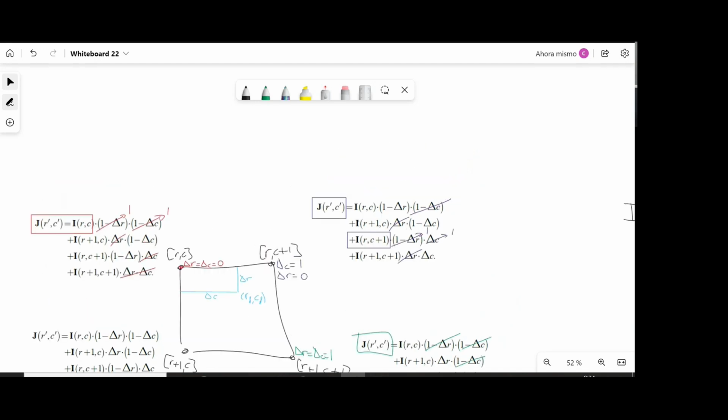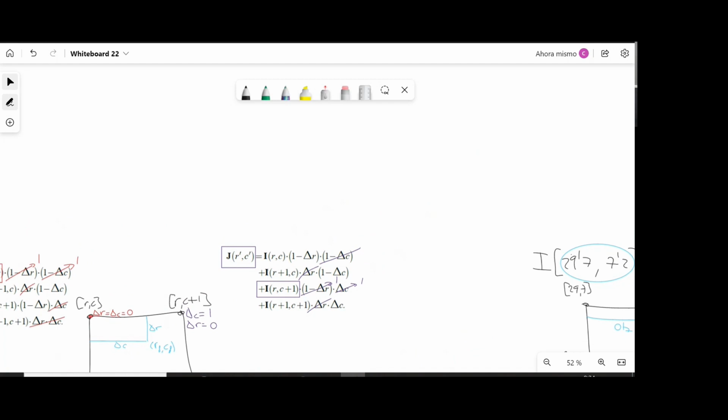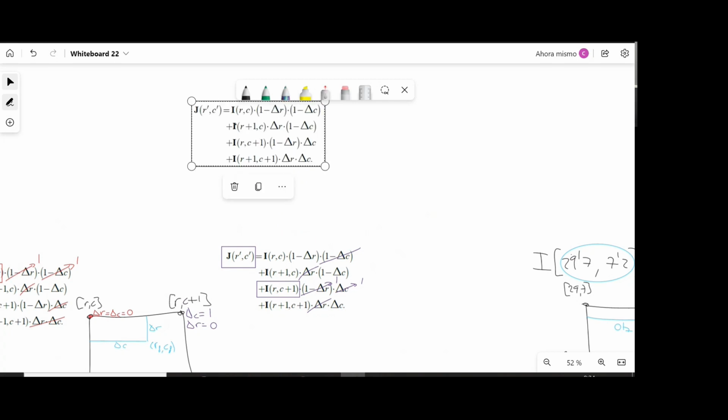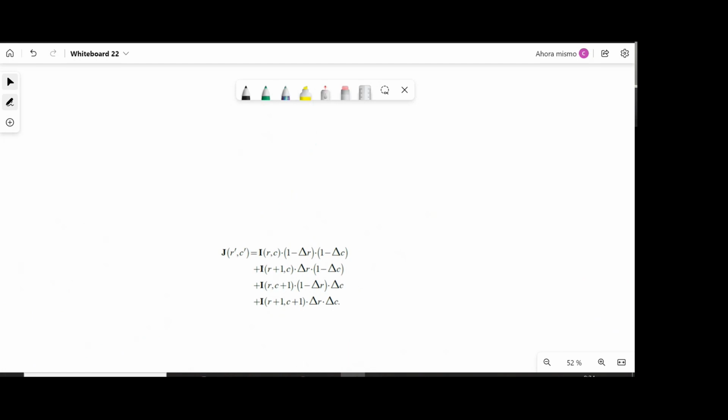But why does it seem that it is not a plane? Which are my coordinates in which I should be linear? So let's copy this again. I'll put it here. So this should look like a plane.